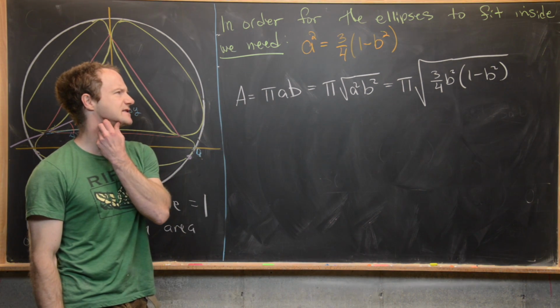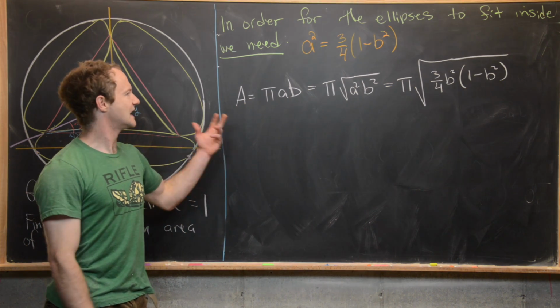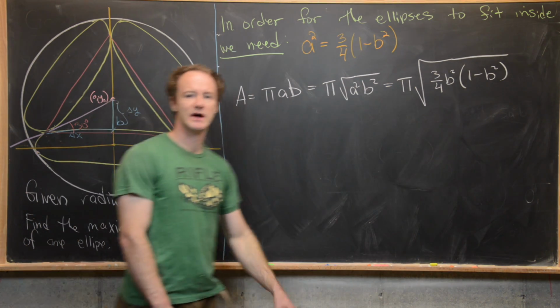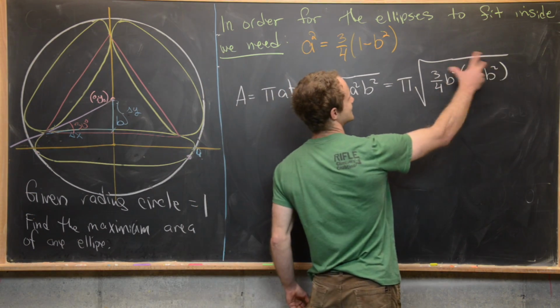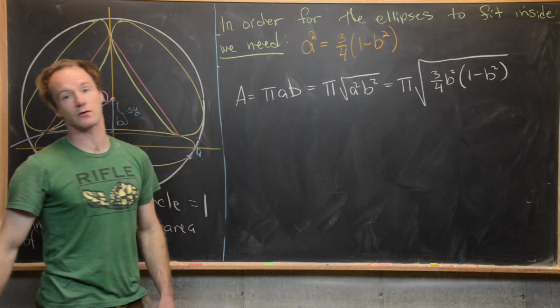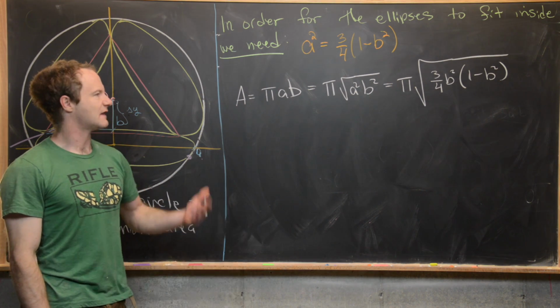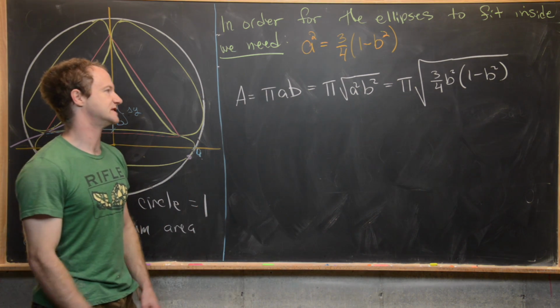Okay, so let's look at this. Notice that finding a b that maximizes this equation is the same thing as finding a b that maximizes the interior of the square root function. And that's because the square root function is an increasing function.